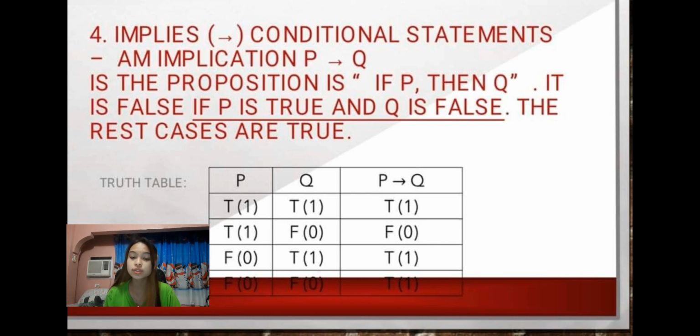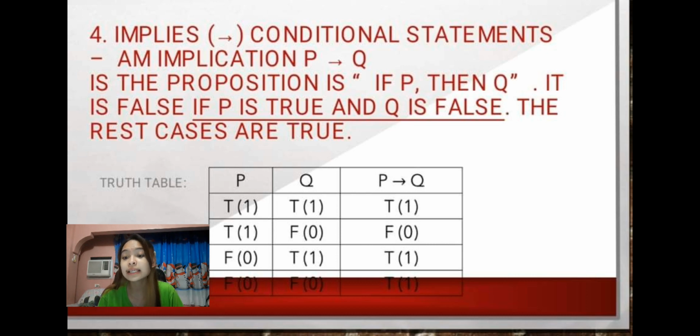So for the truth table, P is T, T, F, F and Q is T, F, T, F. So, if P then Q. It is false only if P is true and Q is false.